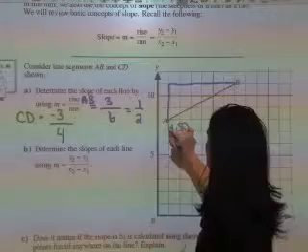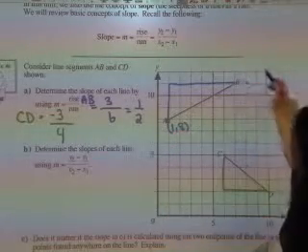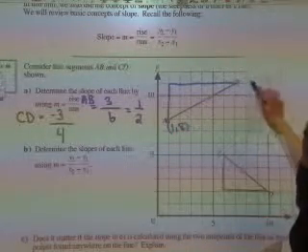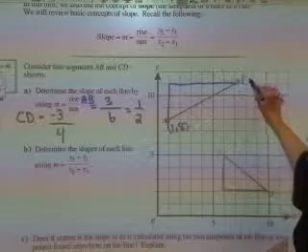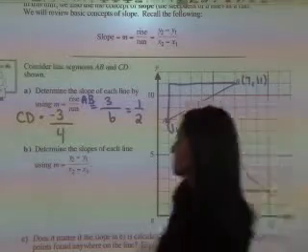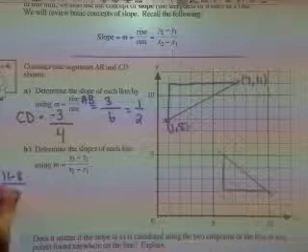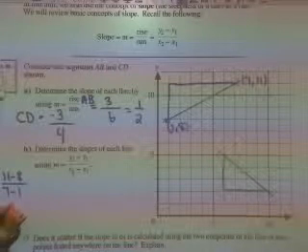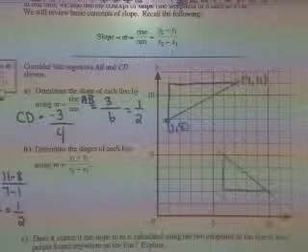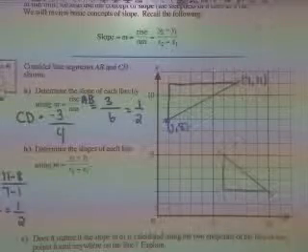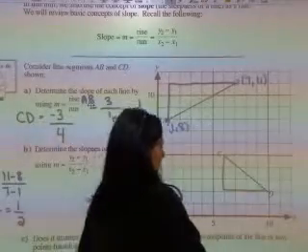And what are the coordinates for B? 7 and 11. Okay. So it's the difference in my y coordinates, 11 minus 8, over the difference in my x coordinates, 7 minus 1. I still get 3 over 6, which still reduces down to 1/2.